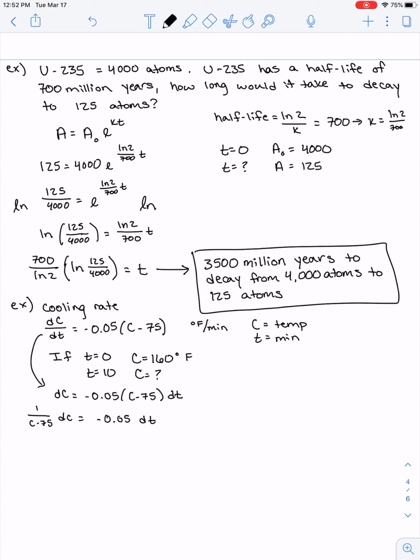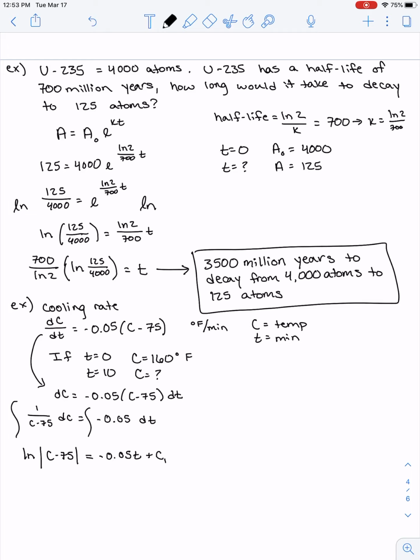And now my variables are separated correctly, so I can go ahead and integrate this. This is 1 over u on the left side, where u is just C minus 75, so that will become the natural log of C minus 75 equals negative 0.05 t plus that constant, c1.